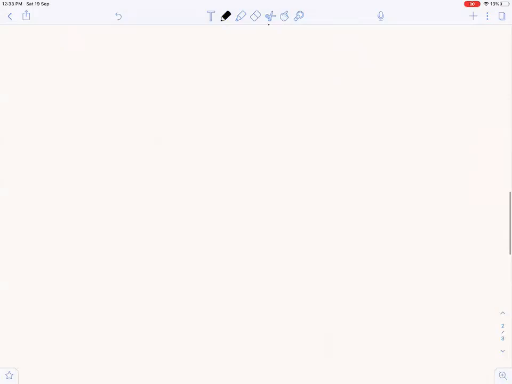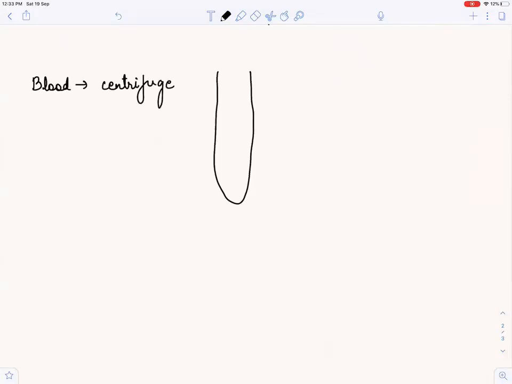Okay, so now if we take a test tube, and we take some blood and we centrifuge it, we spin it very fast. Centrifuge is a machine. So what will we see? There will be 3 coats of things which will come.